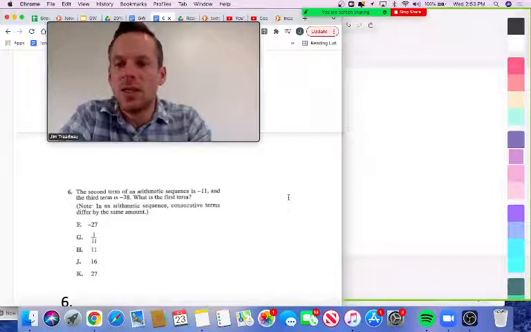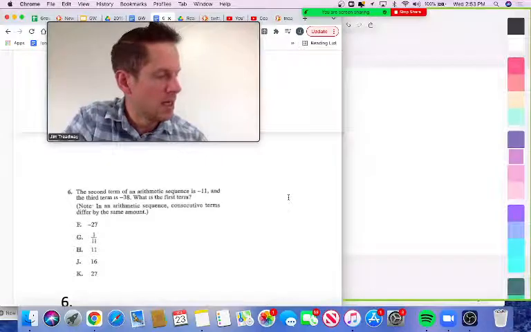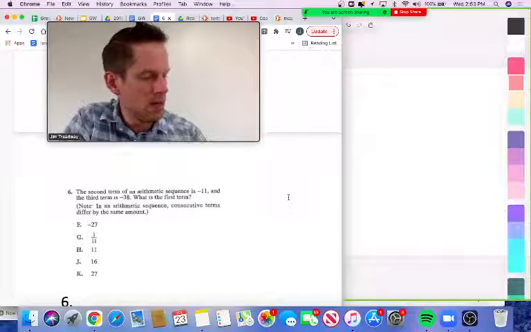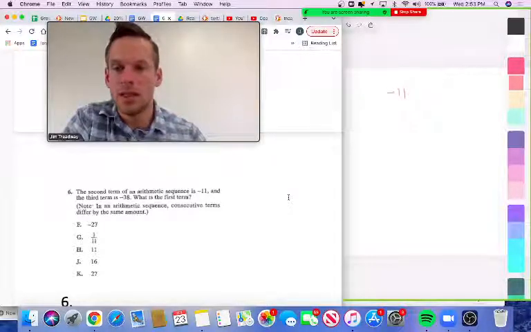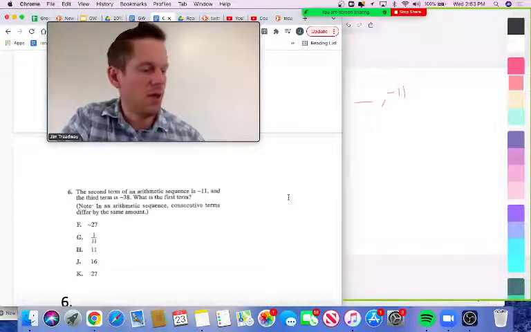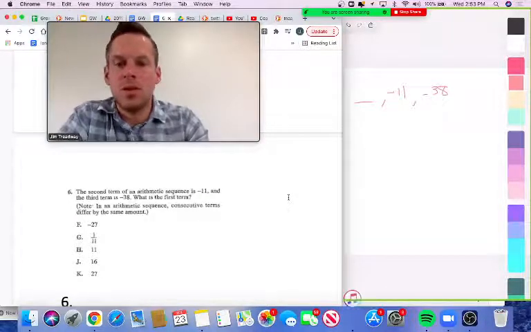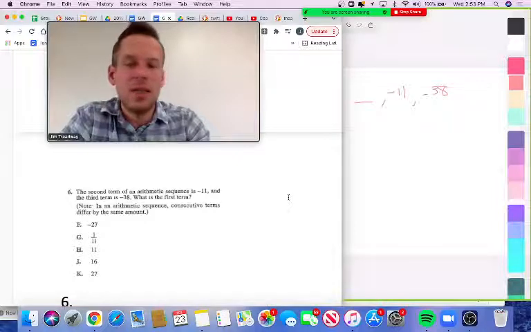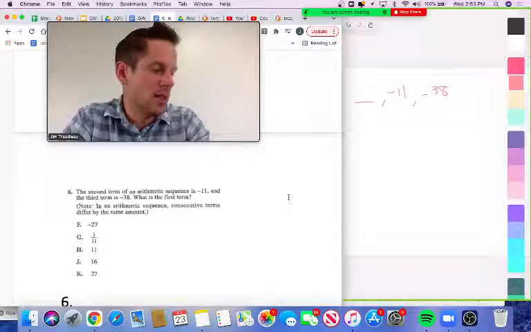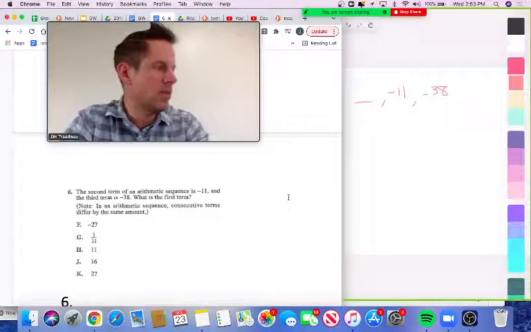So if we look at question 6 here from an ACT, it says the second term of an arithmetic sequence is -11. That's the second term. So we'll put in a little space for the first term. Third term, -38. So they want to know what the first term is. Well, if it's an arithmetic sequence, it means we're adding or subtracting the same amount every time. Looks like we are subtracting 27.